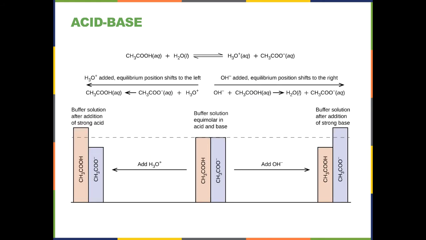So here's how it works. I know this equation looks a little complicated, but it's not as complicated as it looks. In the middle is normal. You have a buffering system with equal amounts of the acid and its ion, the acid without the hydrogen.